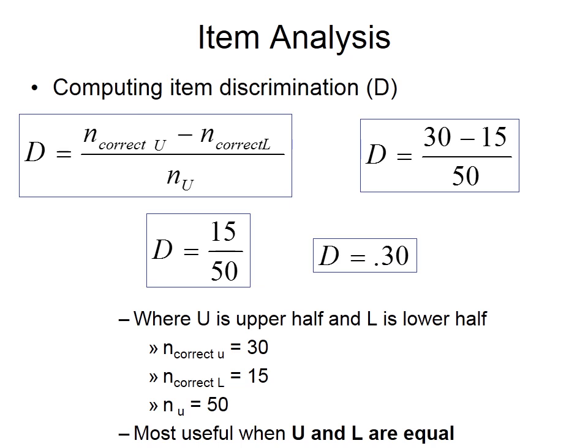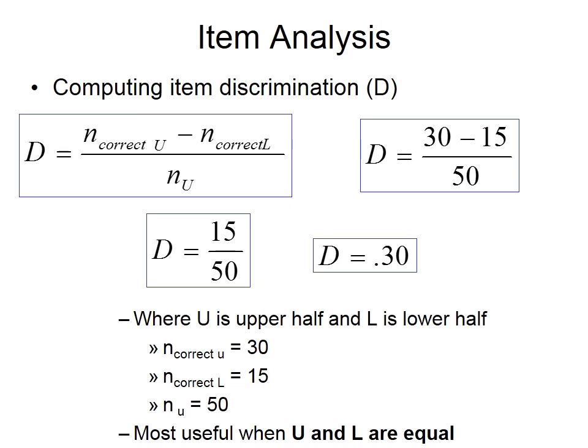So we can put that into the equation. Since the upper and lower groups are the same size, the bottom of the equation is simply the number of people in the upper group, which would be the same as the number in the lower group. At the top of the equation, we take the number of people out of that 50 that got that item correct from the group expected to do well, minus the number that got it correct from the group expected to do more poorly.